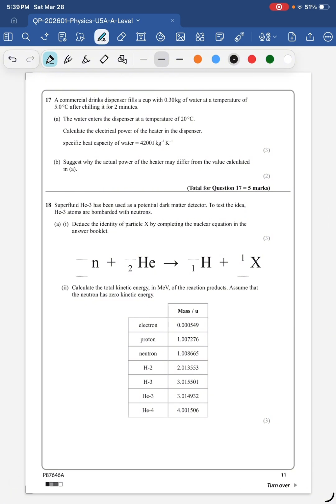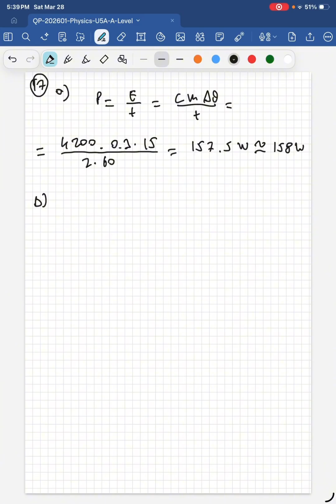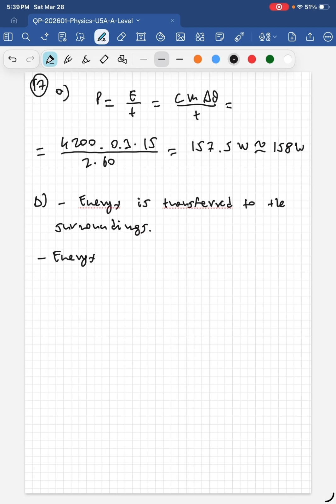Suggest why the actual power of the heater may differ from the value calculated in A. You can put arguments such as energy is transferred to the surroundings, energy is lost in the cooling dispenser.